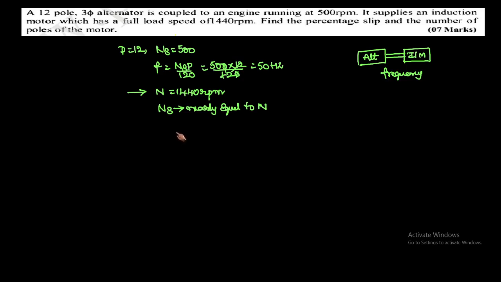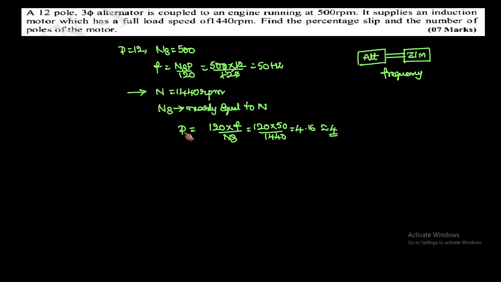First we calculate the number of poles. The number of poles is 120 f by Ns, that is 120 into 50 divided by 1440. You get about 4.16, but the number of poles is always an even number and a round figure, so you can take it as 4 poles.